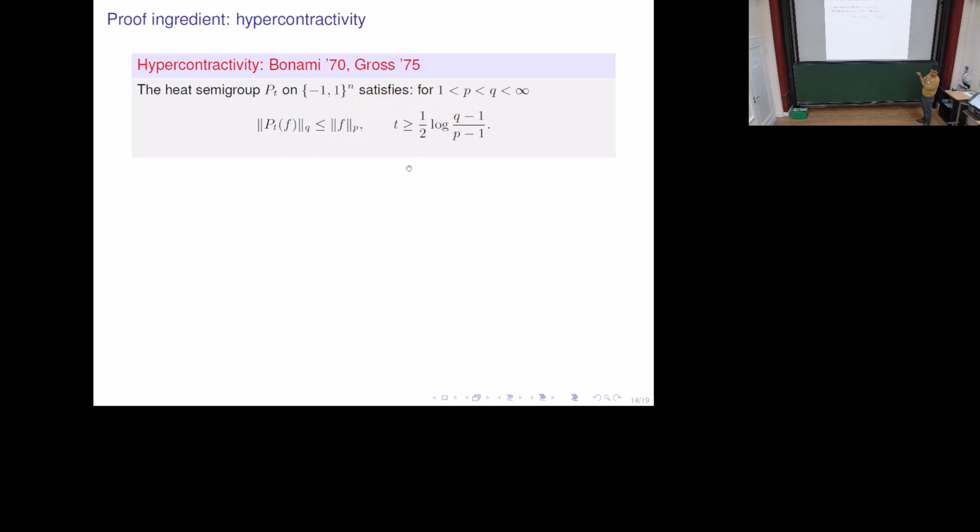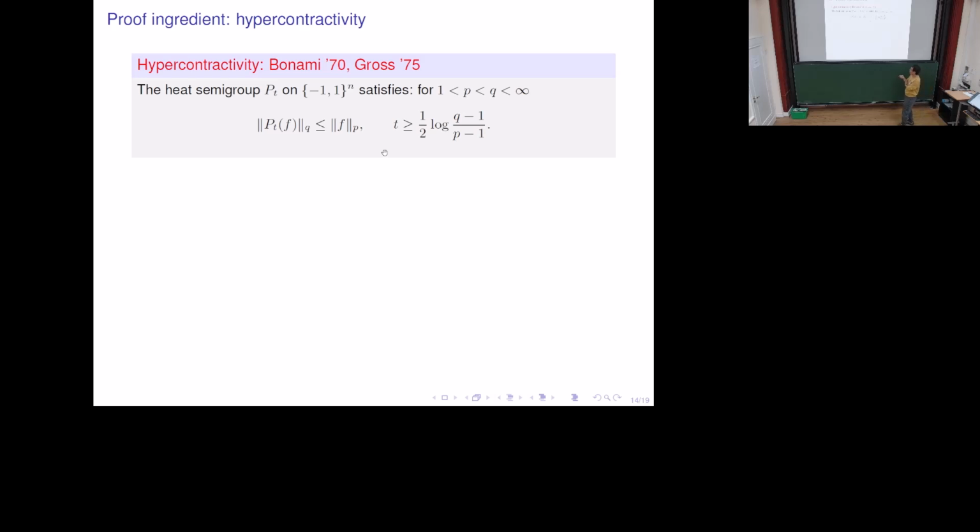We know this semigroup is always a contraction over L^p when p is between 1 and infinity, and hypercontractivity tells you that it is actually a contraction from L^p to L^q, with p and q as well as the time t satisfying the following relation. p is bigger than 1, smaller than q, and the time t satisfies this condition that is optimal.